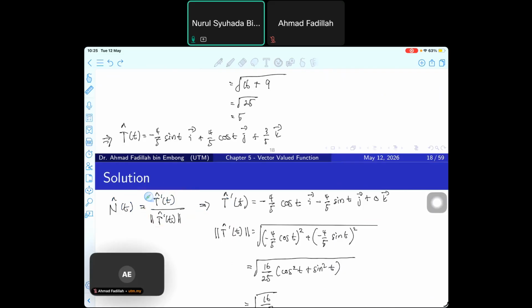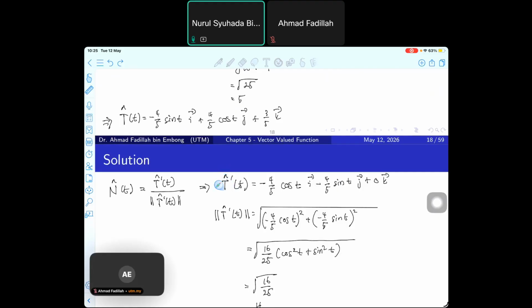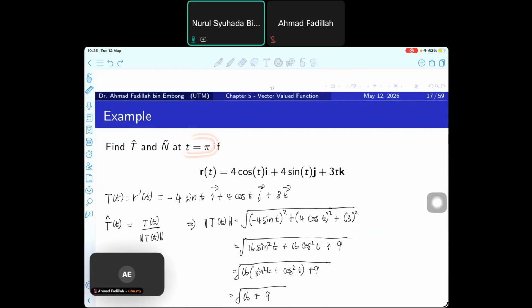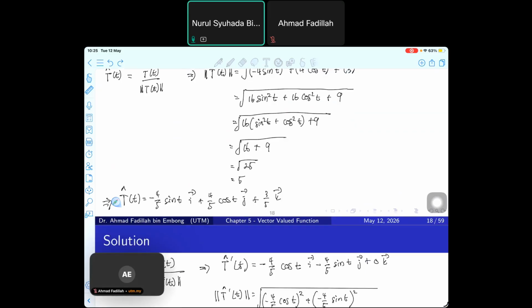From the unit tangent, we need to find the first derivative and then find the corresponding norm. So from here I compute the derivative to get this value. Keep in mind, do not compute from what you already substituted with t equal to pi, or else everything will become 0. Instead, you must compute from the equation over here.